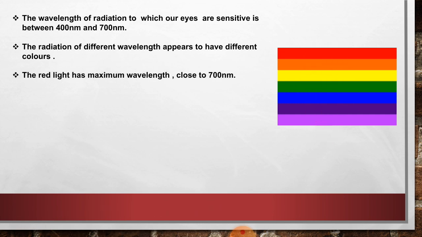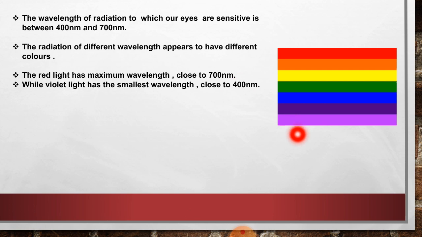Remember these terms: the red light has maximum wavelength. The very first light, called red light, has maximum wavelength, which is close to 700 nm, which means nanometer. And the violet light has the smallest wavelength, which is close to 400 nanometer.